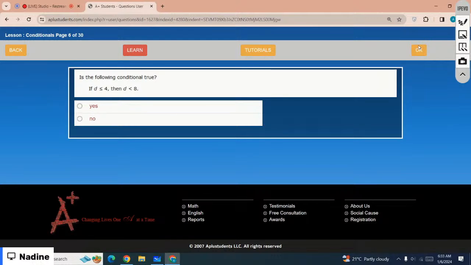If d is less than or equal to 4, then d is less than 8. Which is the correct option?